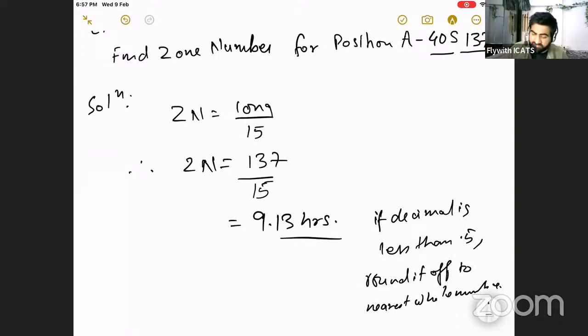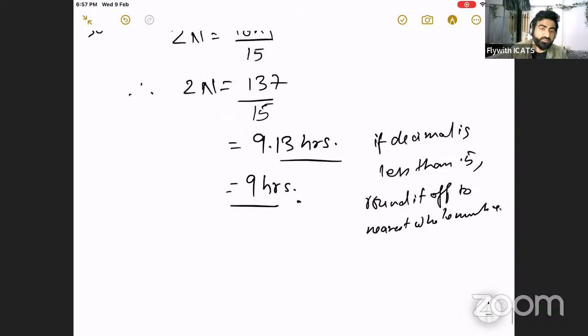Right now it is less, so your zone number is 09 or 9. That's it. That is your zone number. Round it off to the nearest whole number. Nearest is 9. The next whole number is 10. It will be nearer if the decimal value is more than 0.5.